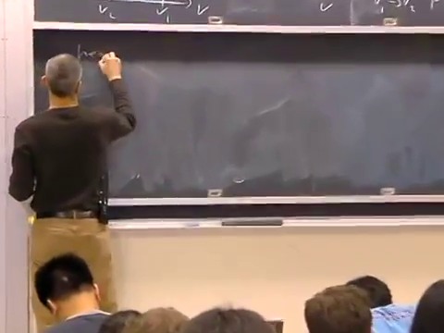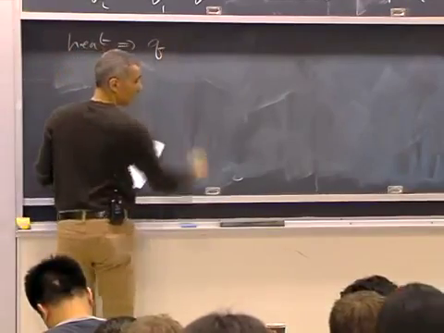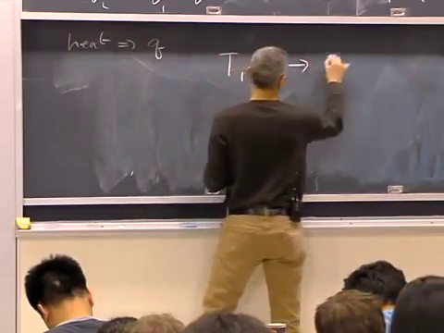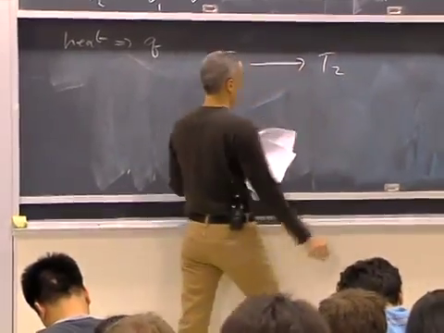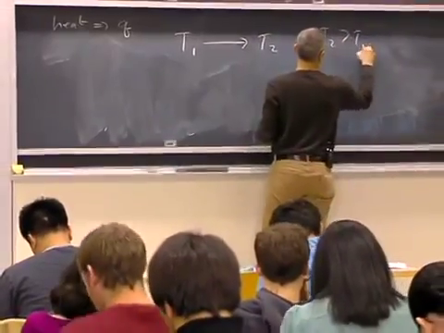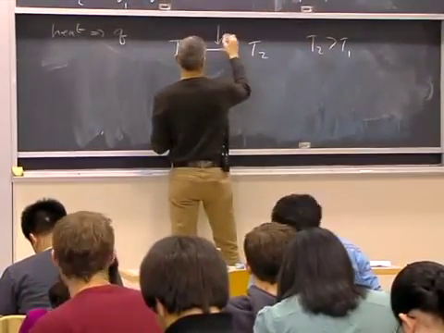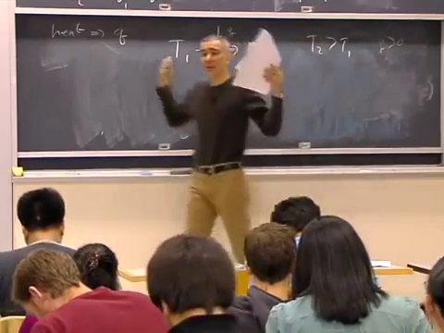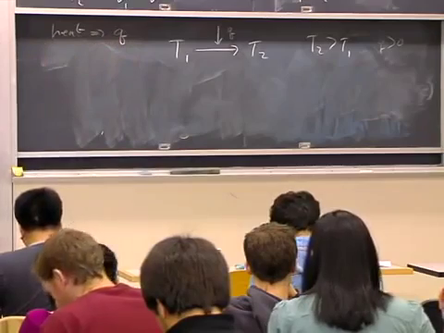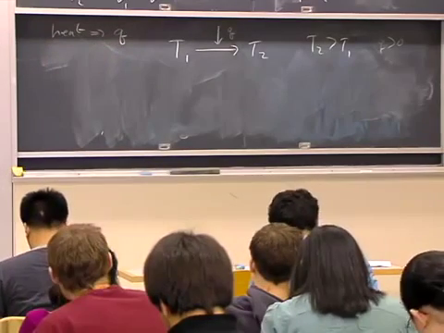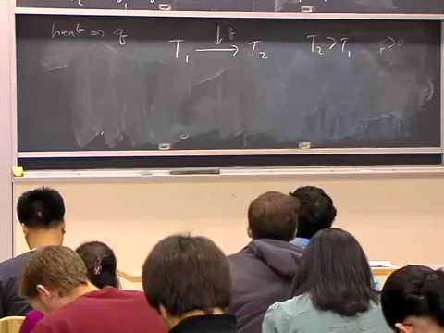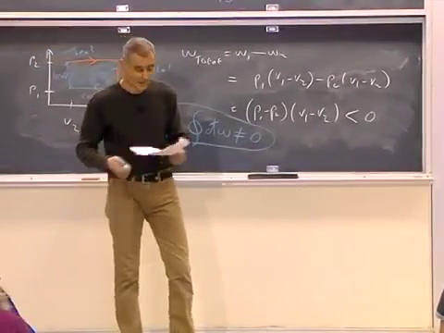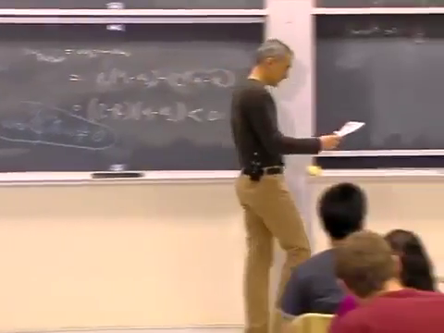So heat, we're going to call that Q. And our sign convention is that if we change our temperature from T1 to T2, where T2 is greater than T1, then the heat is going to be positive. Heat needs to go into the system to change the temperature and make it go up. Okay? If the temperature of the system goes down, heat flows out of the system, and we call that negative Q. Same convention as for W, basically.